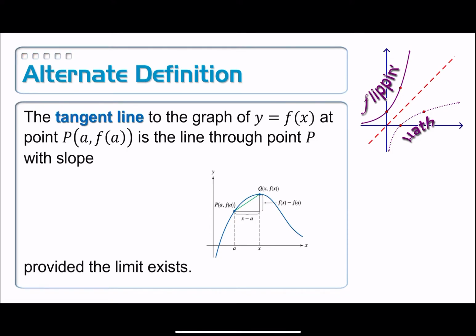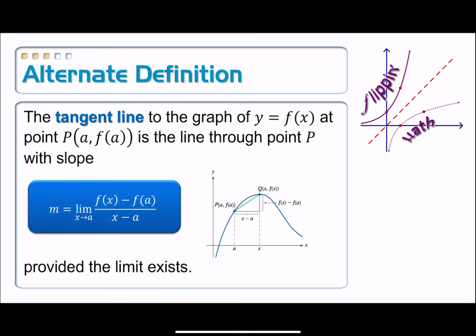The tangent line to the graph of y equals f of x at the point P, a comma f of a, is a line through point P with slope m equal to the limit as x approaches a of f of x minus f of a over x minus a. Now, I want you to have some exposure with both of them because the AP calculus test is going to mix it up on you.